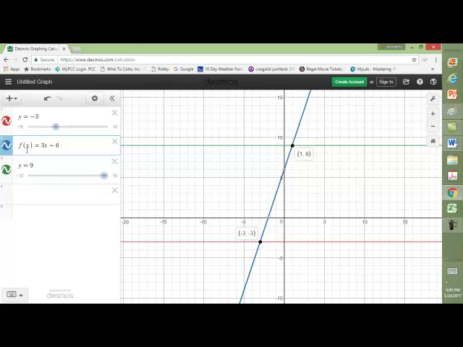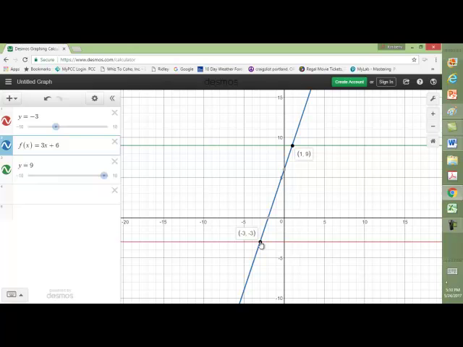It just replaces y and works the same. So we have f of x equals 3x plus 6 in blue, and that's this slanted line here that has a positive slope as you go from left to right. So that's going to be that part there. And then the green is the y equals 9, which is this horizontal line here, and that's at the level of 9.